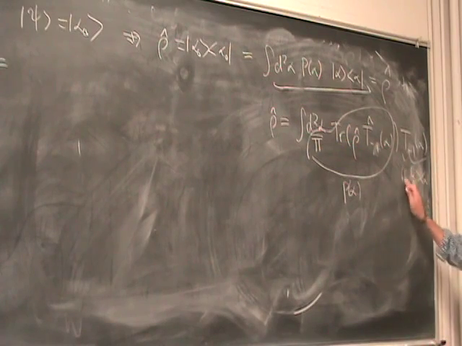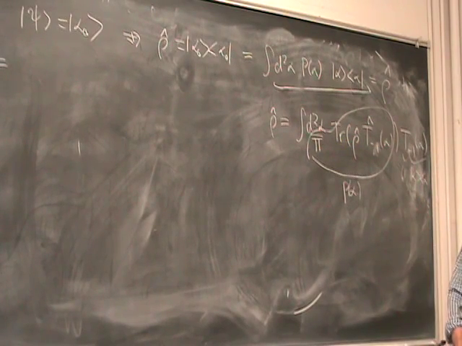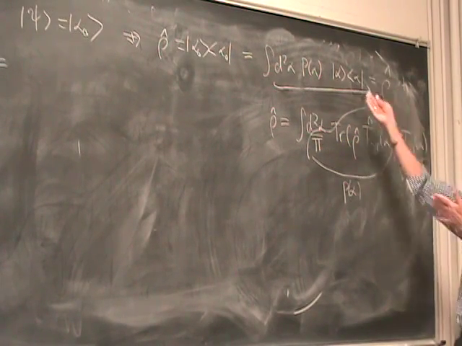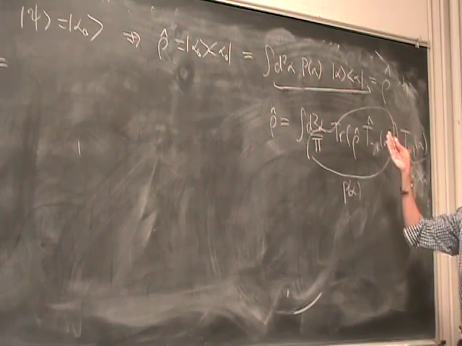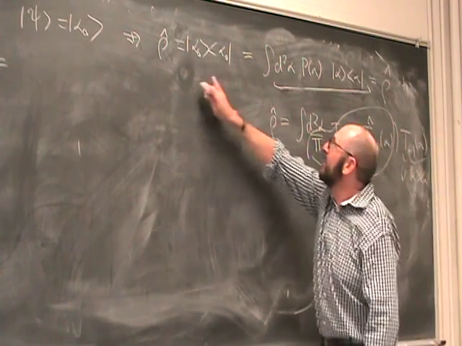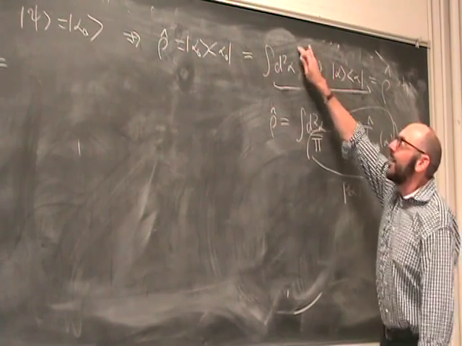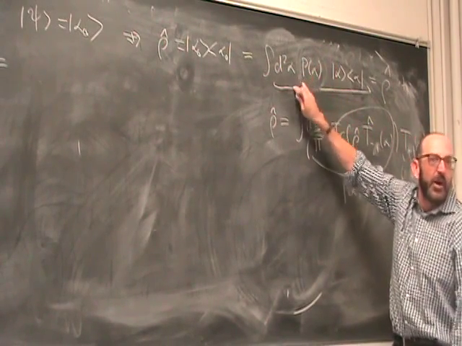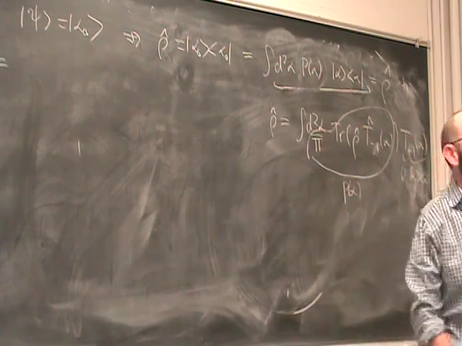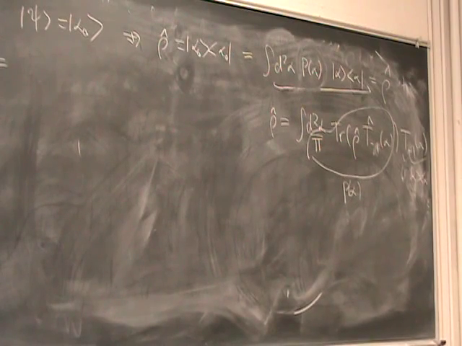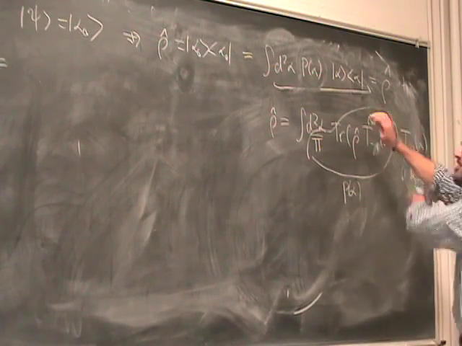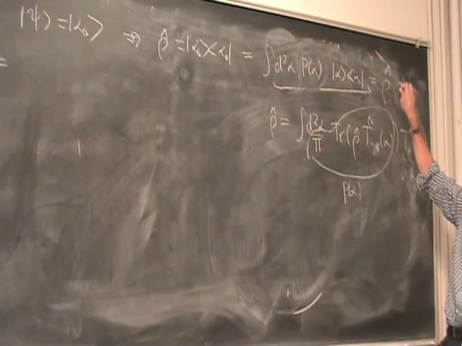Pardon me, this guy doesn't have a pi. So it fits into our general formalism. The representation is the anti-normally ordered rho with the normally ordered t's. But getting rid of all that stuff, this is how we wrote it down originally.